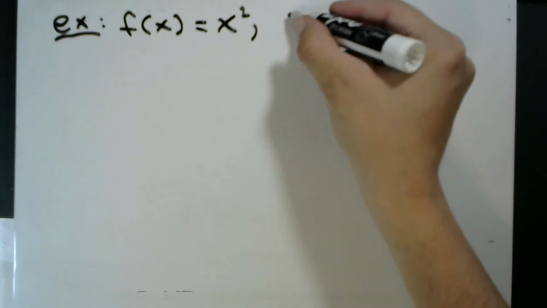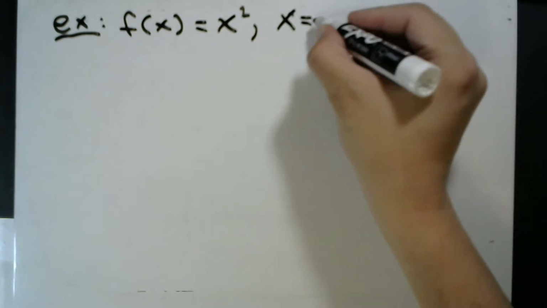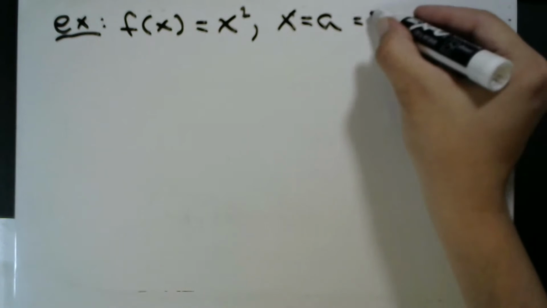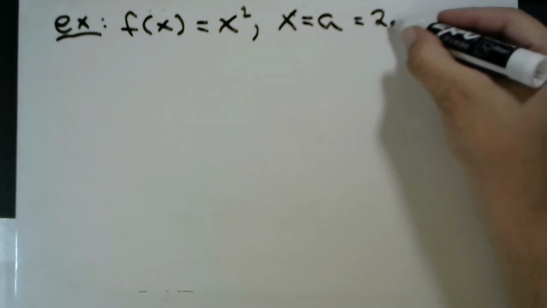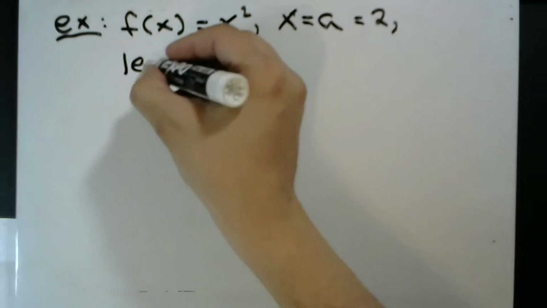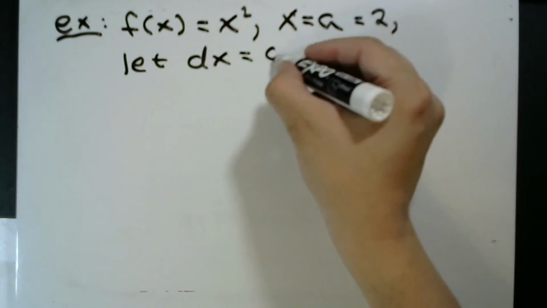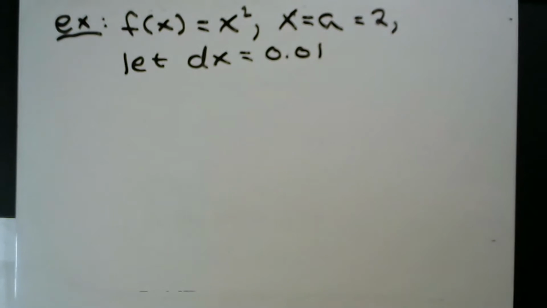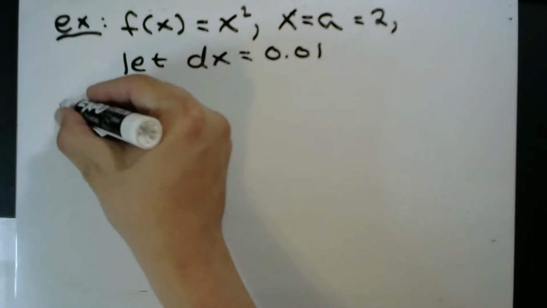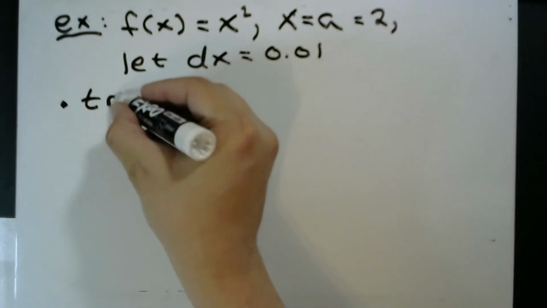So f of x is x squared. We're going to have x equals a equals 2. And we're going to let dx be 0.01 or 1/100th. So we're going to go through the different types of change here.